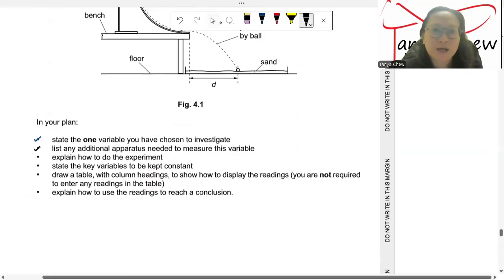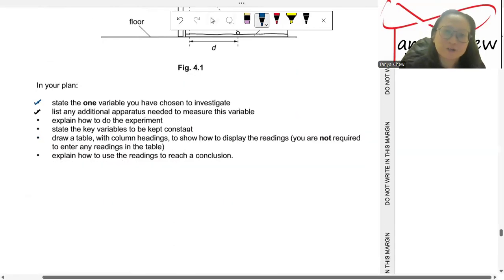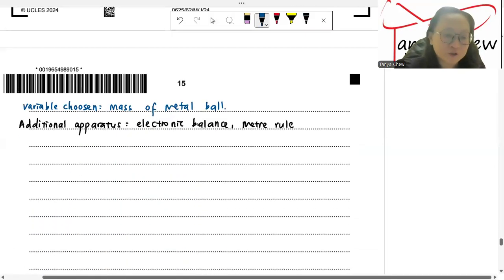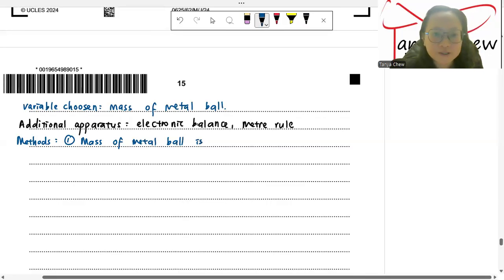Explain how to do the experiment. That is the method, so I'll just write down the method here. First, the mass of the metal ball is measured by the electronic balance.